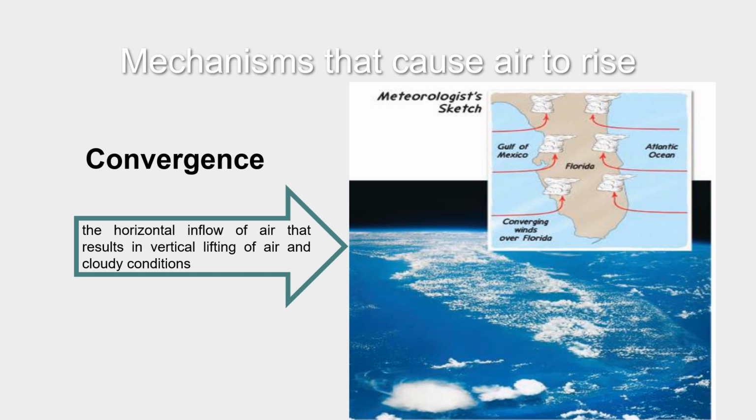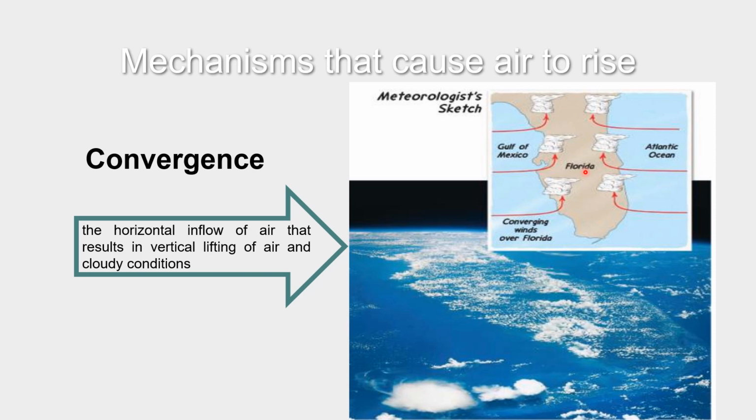There is an example here. Actually, Florida provides a good example in the map. On warm days, airflow from the Atlantic Ocean and the Gulf of Mexico converge into the Florida Peninsula.